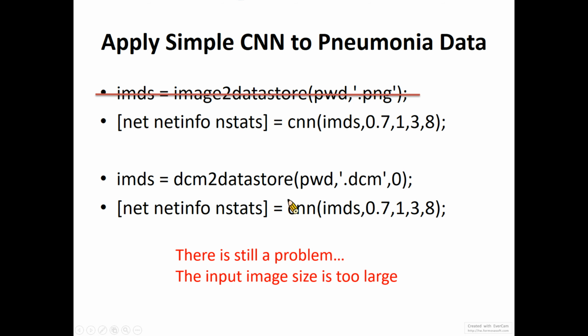The DICOM images I provided to you are 1024 by 1024 pixels, and that is too large for our CNN model, because remember our CNN model has inputs of around 30 to 50 pixels in each dimension. So we need to rescale our input X-ray images.